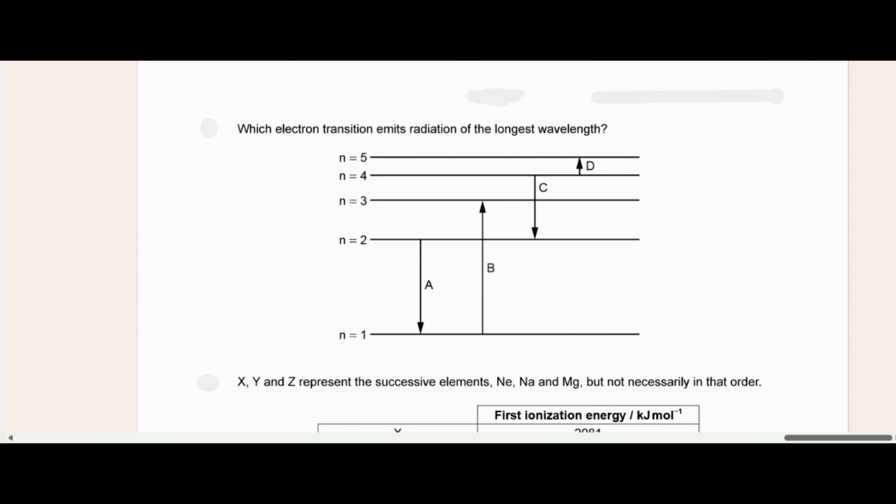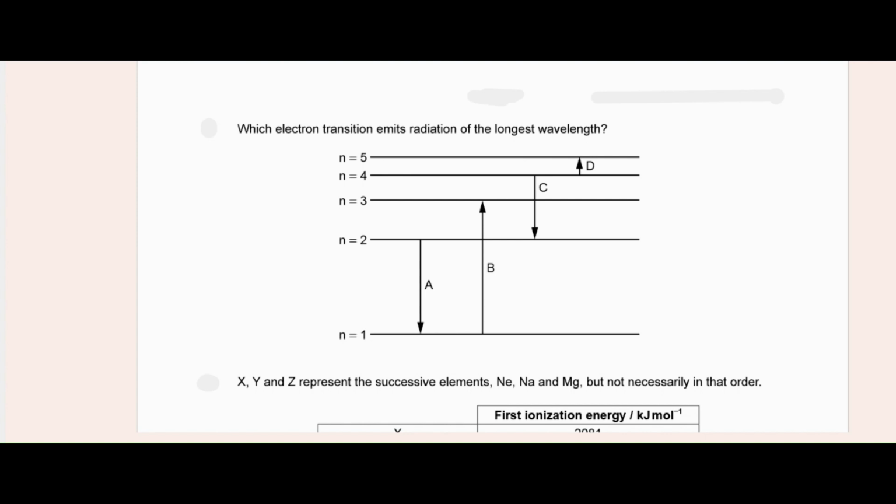Which electron transition emits radiation of the longest wavelength? So because we're always emitting, it's called the emission spectrum with the IB. So when do these electrons emit radiation? It's when they come back down, when they fall down to lower energy levels.